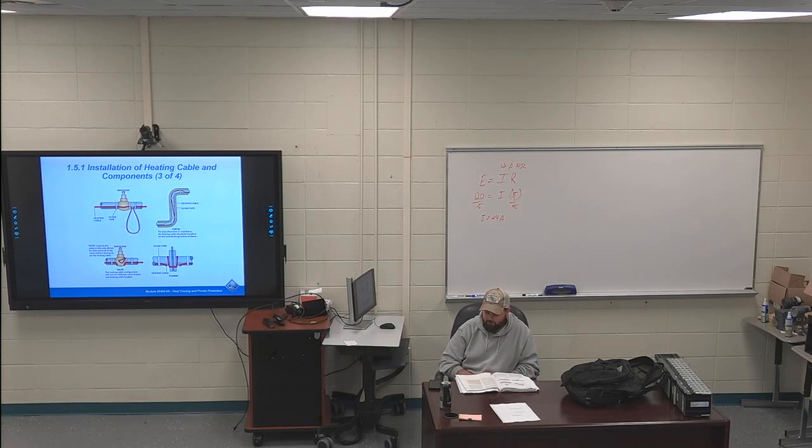NEC requirements for heat tracing. 153, first bullet point on page 19 is highlighted. Branch circuits and overcurrent devices supplying the equipment shall be sized at not less than 125% of the total heater load per the NEC. All that's saying is this is considered a continuous load.